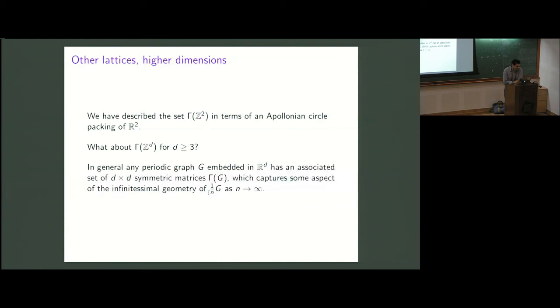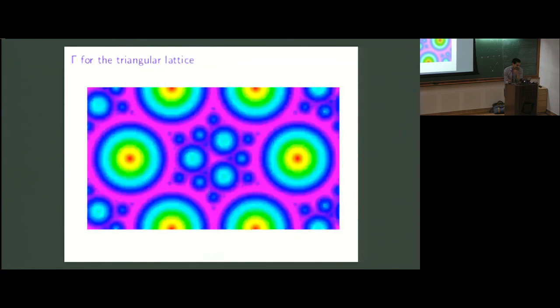And in general, for any periodic graph embedded in R^d, there's an associated gamma of that graph. And it would be nice to have an algorithm that computes its maximal elements. Here's a picture of gamma of the triangular lattice. You can see it has some similarities with the Apollonian packing, but it has some differences too.